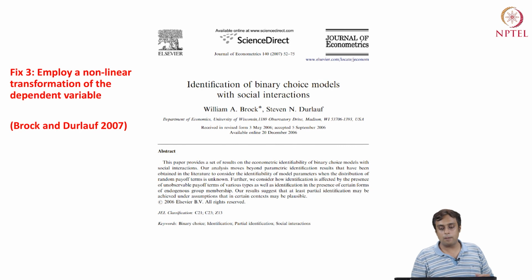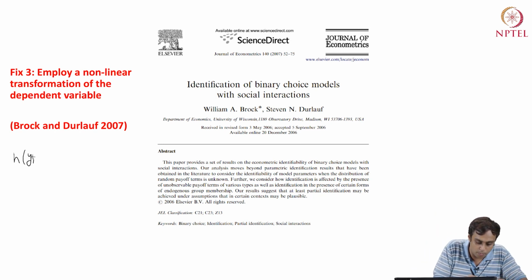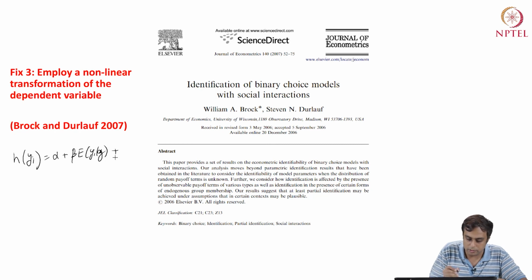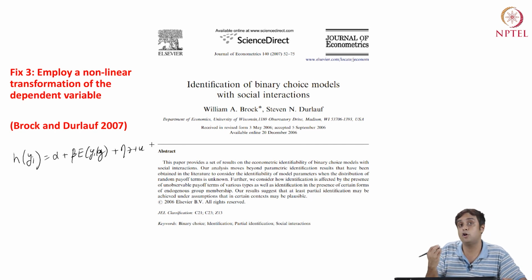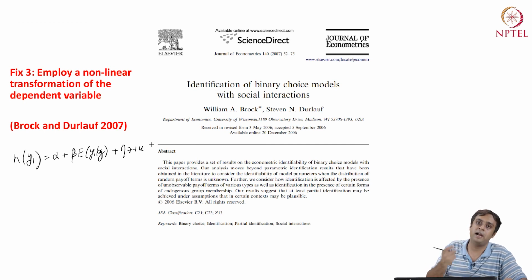The third one comes from again a very good paper by William Brock and Steven Durlauf, wherein they are suggesting that instead of using y_i on the left hand side in its linear form, if we use a non-linear form of it, that is to say that if we were to model h of y_i as the average level effect, then we will not have the endogenous social or reflection problem as provided by Manski. It is mainly driven by the linearity.